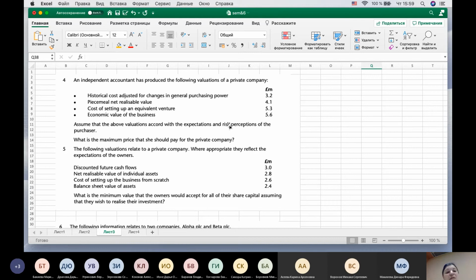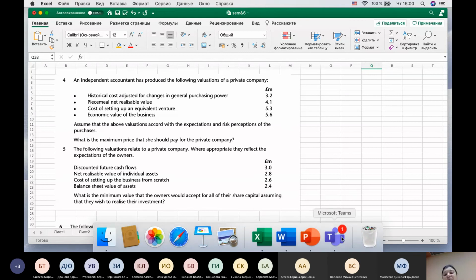Assume that the above valuations accord with the expectations and risk perceptions of the purchaser, the same attitude to risk and to the future perspectives of our business. What is the maximum price that she should pay for the private company? How do you think?